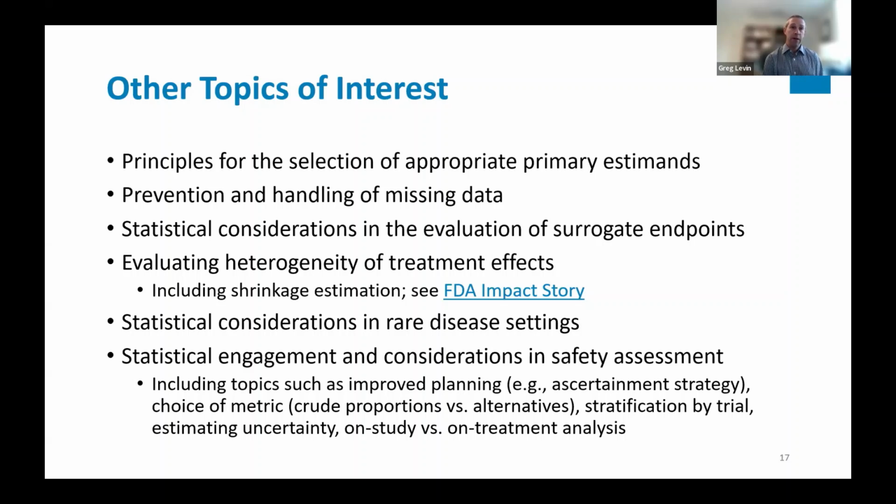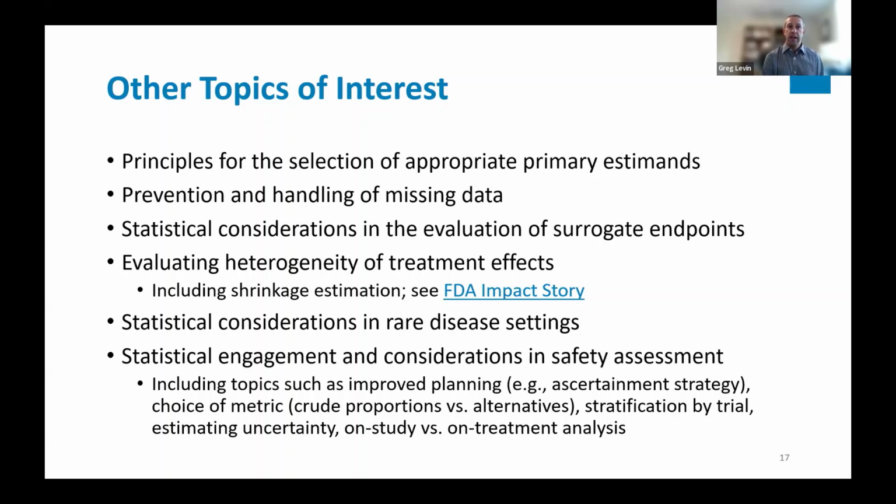A really important area, which is certainly a cross-disciplinary space, but I think statisticians have a lot to offer, is the evaluation of biomarkers as surrogate endpoints. A super challenging area where I don't think we have a lot of good guidance, and I think there's an important need, given the importance of surrogate endpoints in drug development.